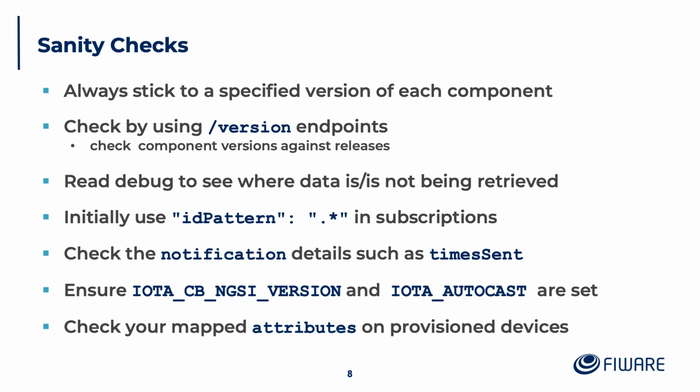When you receive a notification, you can find out time sent, when it was received, things like that, which are rather useful to try and track down what's causing your problem. There are various elements making sure that NGSI v2 or you're going to change it, things are actually set in your system. You can check that using things like, say, Kitematic or something like that to check what your current environment settings are.